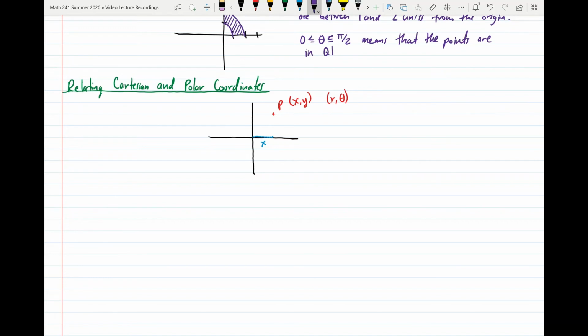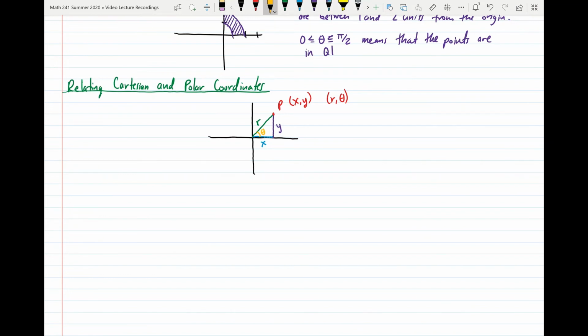And the length of this line segment is going to be y. And the length of this line segment here is going to be r, because that represents the distance from the origin to the point. And finally, the angle here is going to be theta.